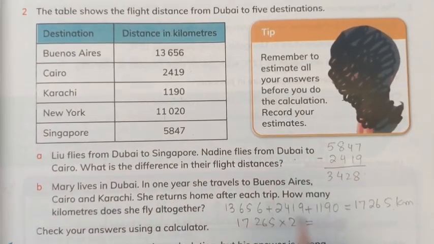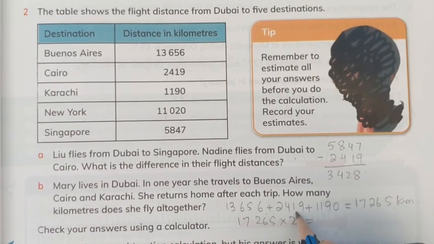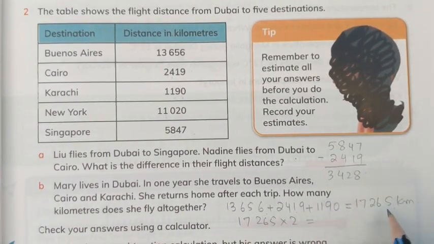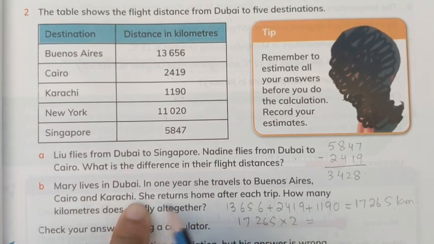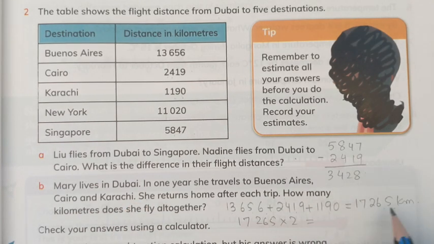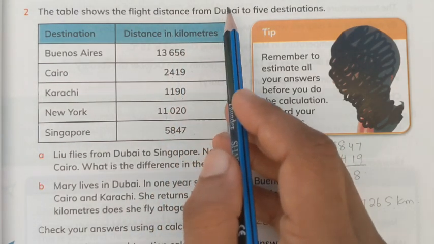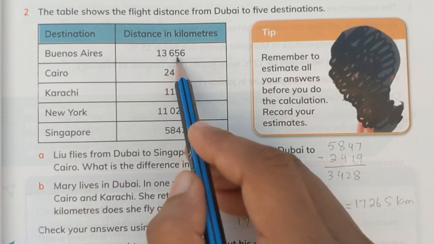In this case, first we are going to add the three distances, that is 13,656, 2,419, and 1,190, because it's the distance from Dubai to these destinations. But there is the statement, she returns home after each trip. It means we have to multiply it by 2 as well, because it's the one way distance given to us. That is, if she travels from Dubai to Buenos Aires, the distance is 13,656.